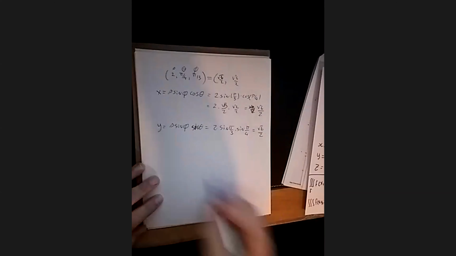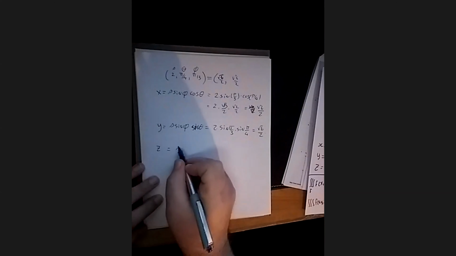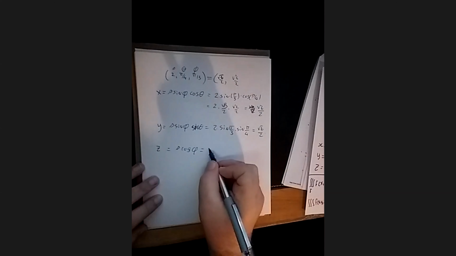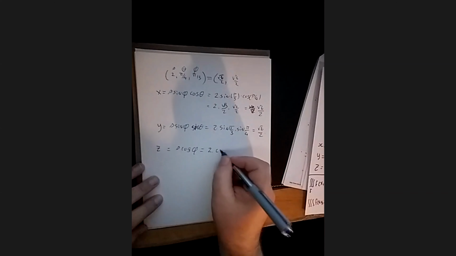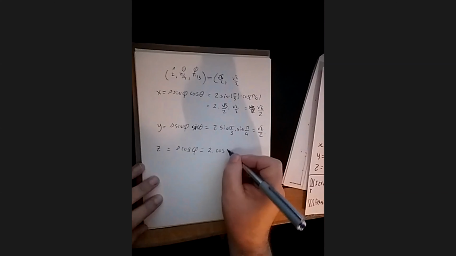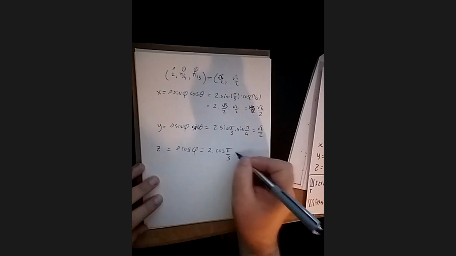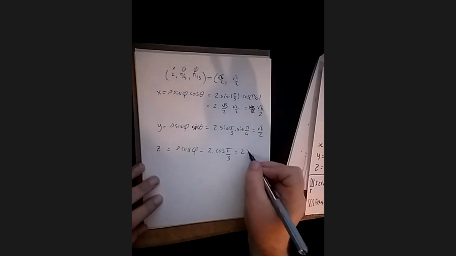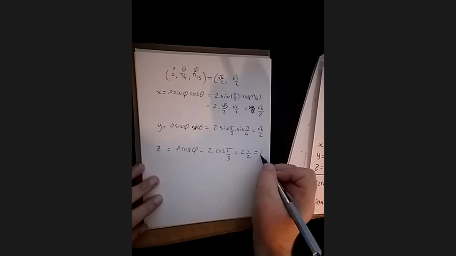Typically, they will not be the same. Z is rho cosine of phi, which is 2 times the cosine of pi over 3, and the cosine of pi upon 3 we'll leave as a half, so you get 1.